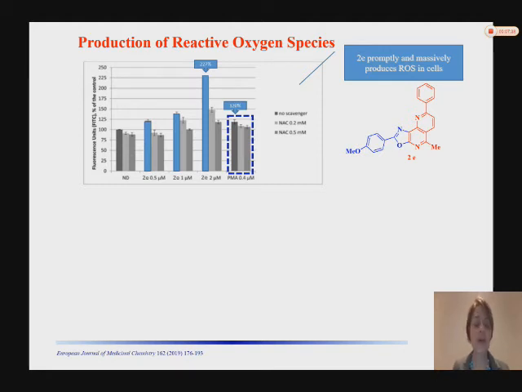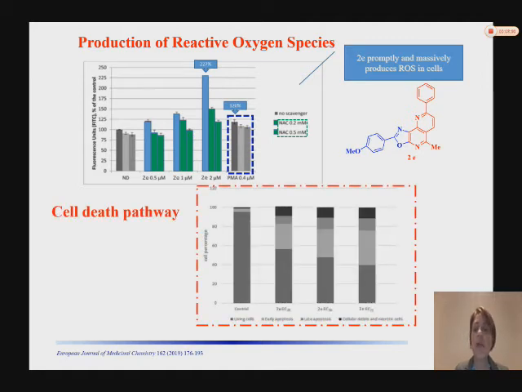To support 2E-induced ROS production, cells were pre-incubated with the ROS scavenger N-acetylcysteine, which significantly reduced ROS production in a dose-dependent manner. A copious amount of ROS can trigger cell death through different mechanisms.